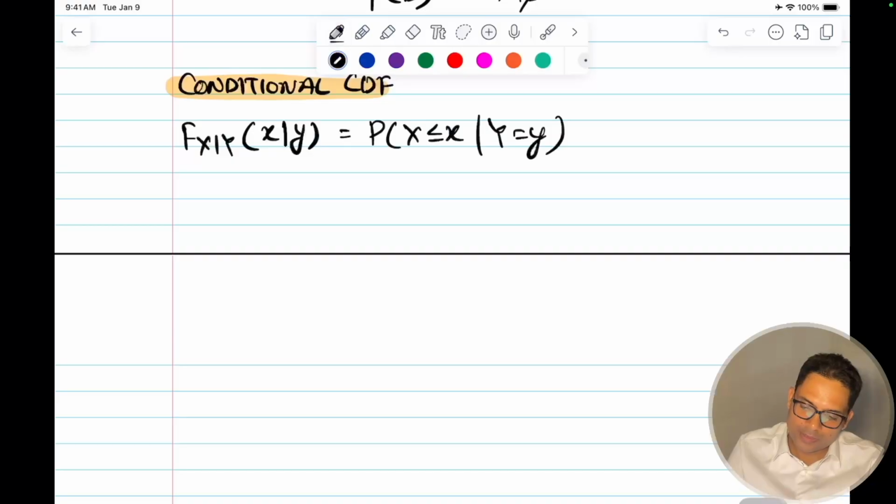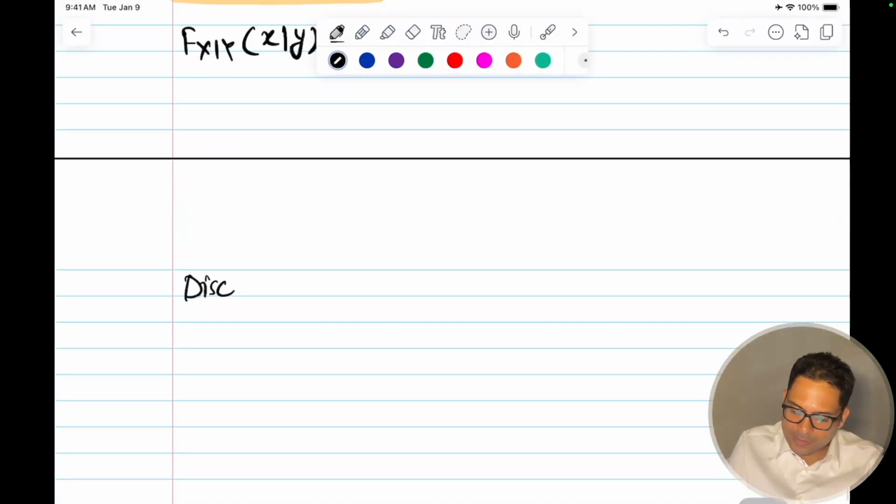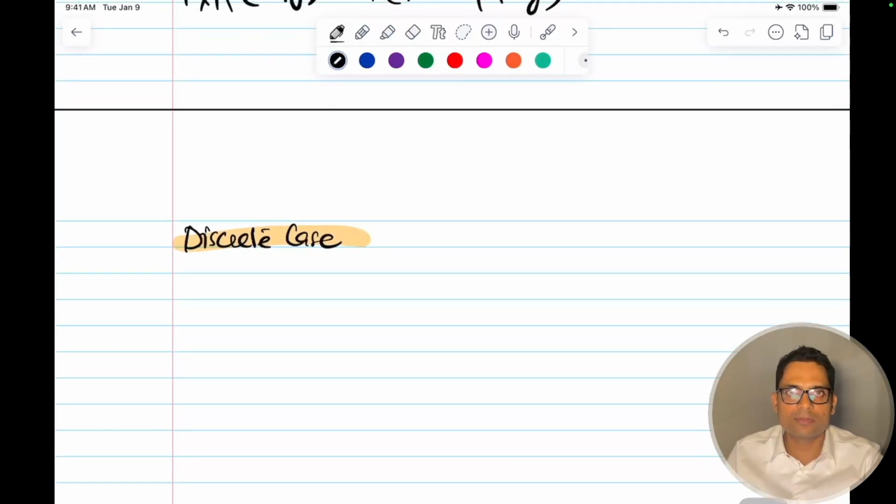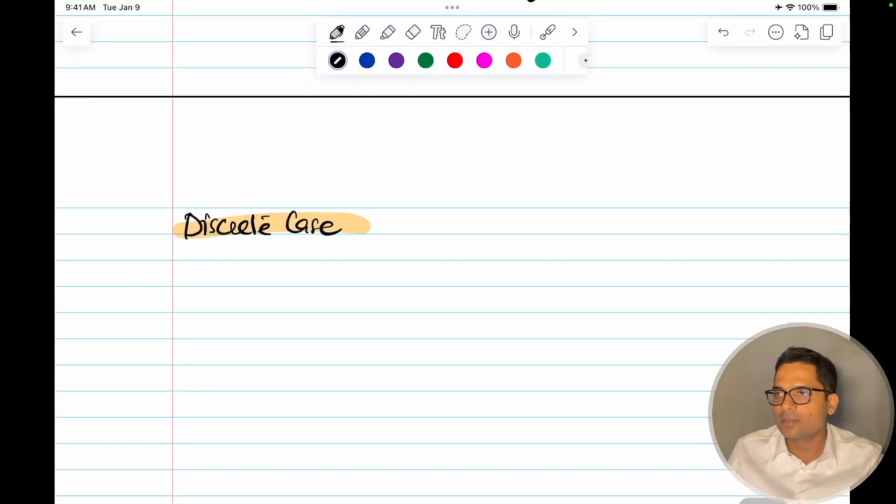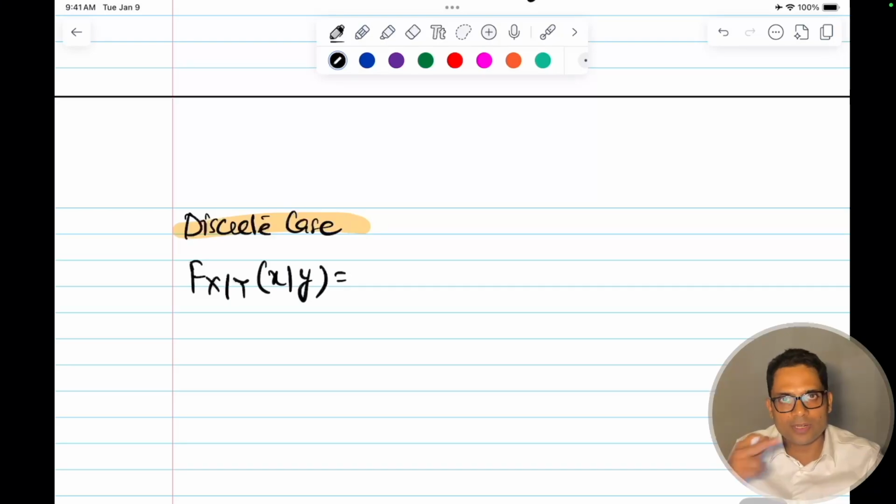Okay, so discrete case. I understand this is repetitive, but this repetition will make all the formulas feel familiar. F of X given Y, with a single line, is x given y. Be very careful about the notation: when it is a comma and when it is given. You will keep finding these notations everywhere.